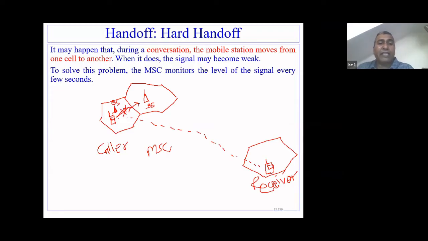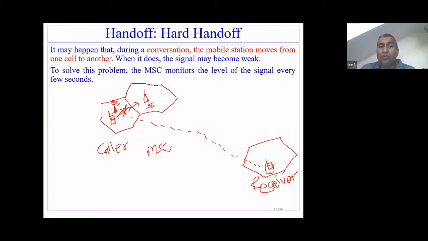From this base station, it finds another channel which is having good signal strength, and then it cuts the call from this base station and connects the call to this base station.